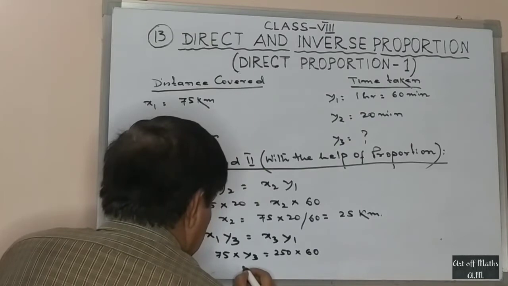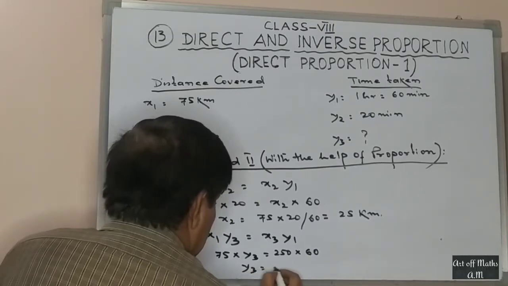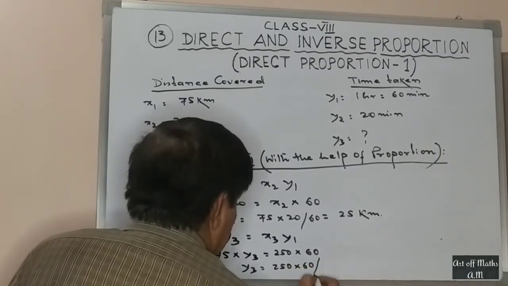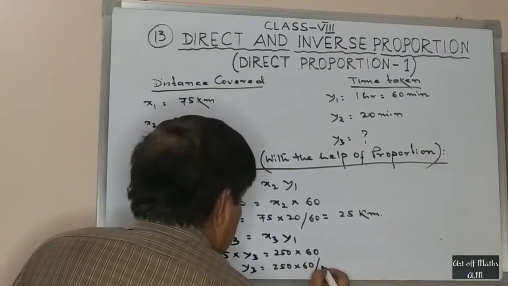That means y3 equal to 250 into 60 divided by 75.